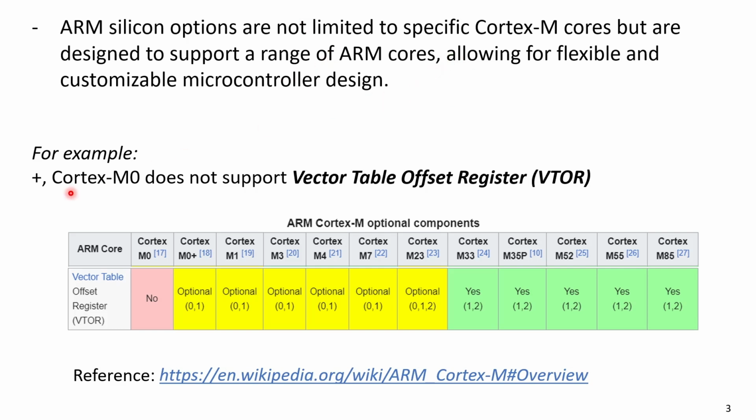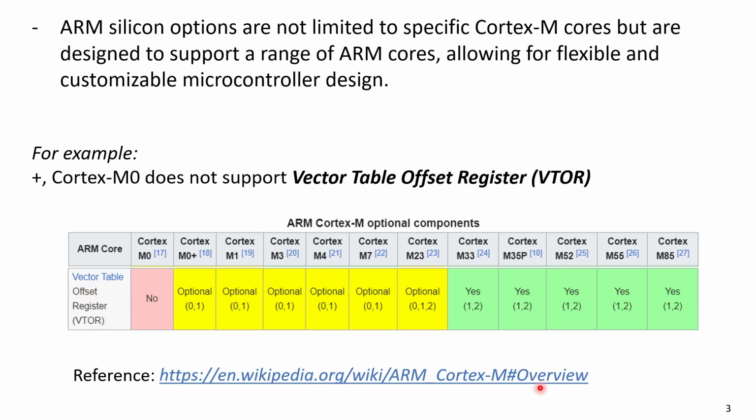For example, Cortex-M0 does not support the vector table offset register. You can see in this table that the vector table offset register is not supported by Cortex-M0, but from Cortex-M0 Plus onward it is supported.